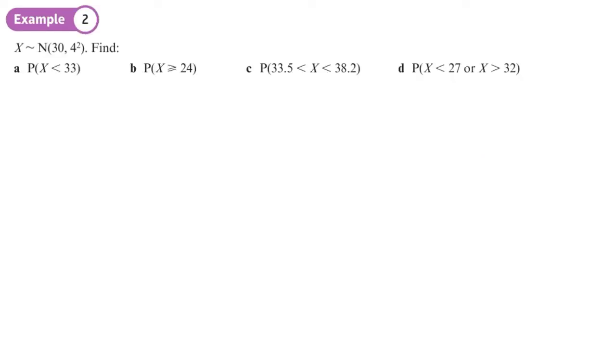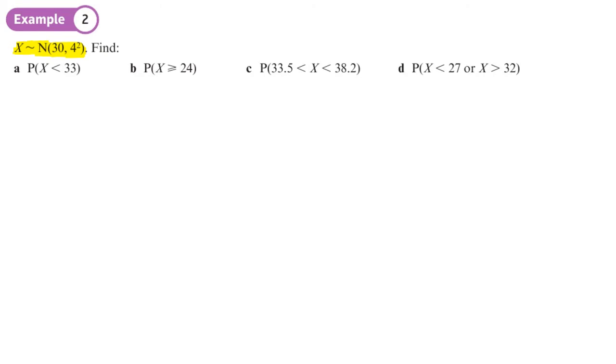Right, let's look at some examples here, and here it's asking us to work out these values. So you can see it's a normal distribution. X is what we call this random variable. N stands for normal distribution. You can see here that the mean is 30 and the variance is 4 squared.